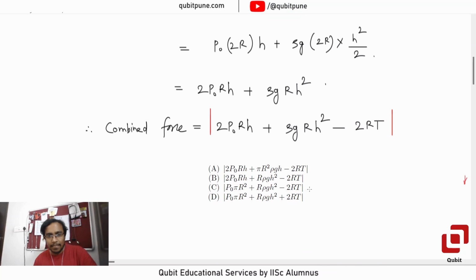Pi is not there, right? So A is not there. 2 P naught RH is there, so C is also not there. 2 P naught RH plus rho g R H squared, minus, yes. So option B is right.